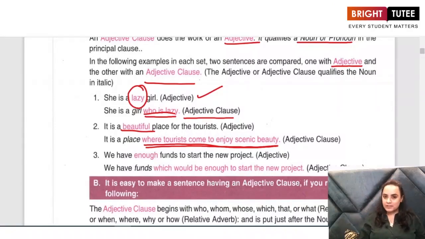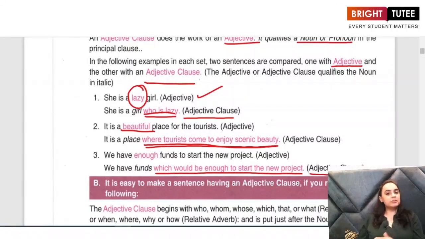Let us look at the third sentence. We have enough funds to start the new project. How have I described my funds? Enough. So, adjective. We have funds which would be enough to start the new project. How am I describing my funds in the second sentence? Which would be enough to start the new project. So, here it is an adjective clause.